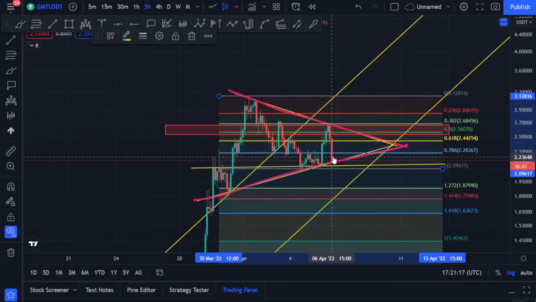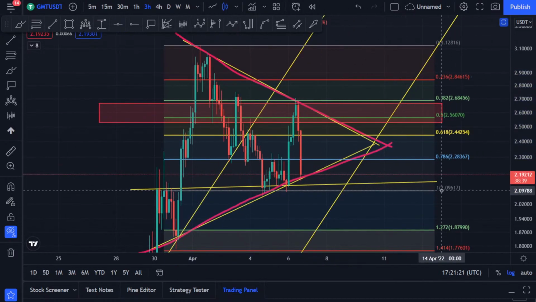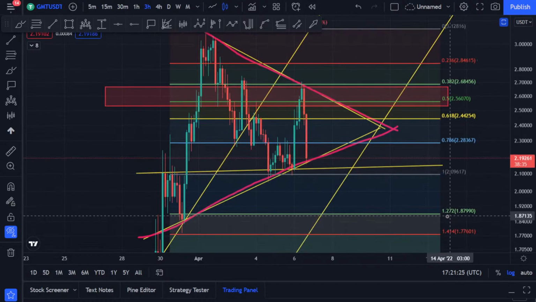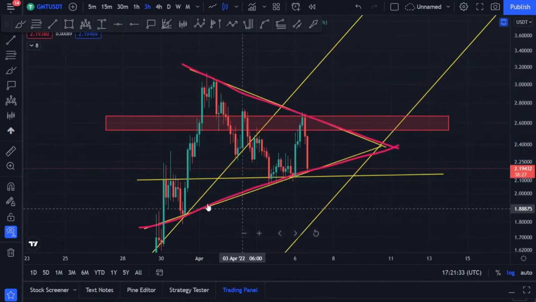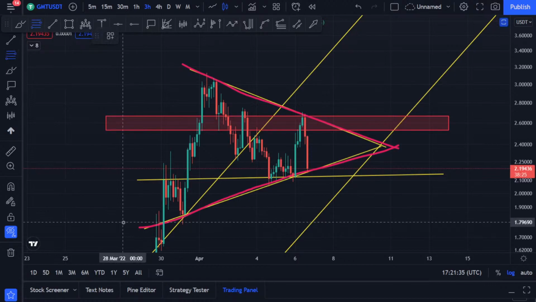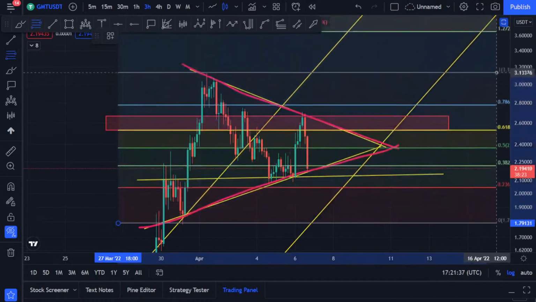If this gets broken, then the next support for GMT would be at one level. It's sitting at $2.09. If that gets broken, $1.27 could be the next support. But again, if the resistance gets broken, you could judge it accordingly right from here.